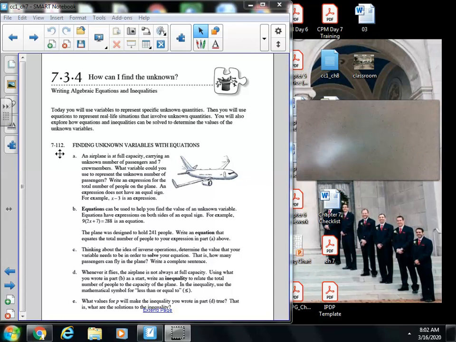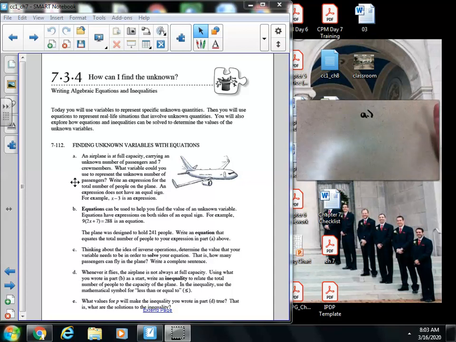So reading the question, letter A says an airplane is at full capacity carrying an unknown number of passengers and 7 crew members. What variable could you use to represent the unknown number of passengers? So we've been talking in class about when we don't know something, we use something called a variable. A variable could be any letter that represents a value of something.